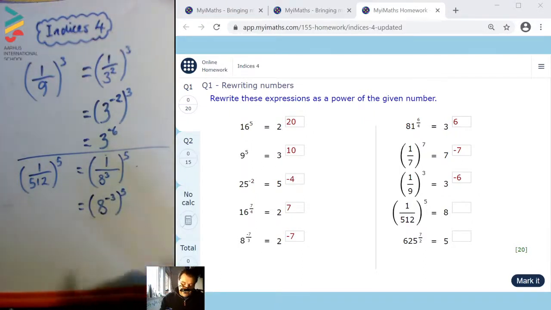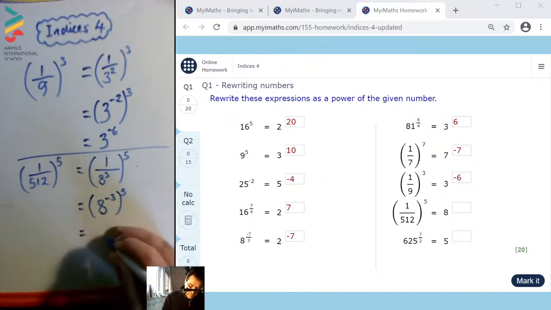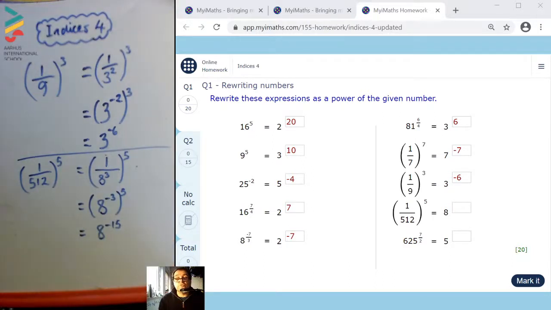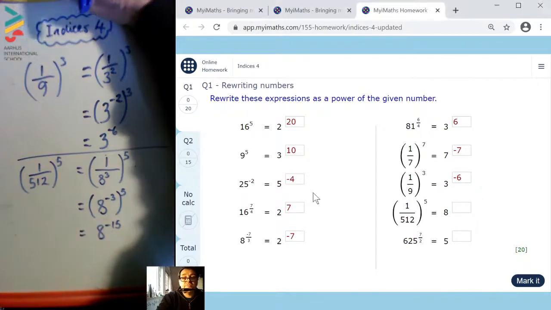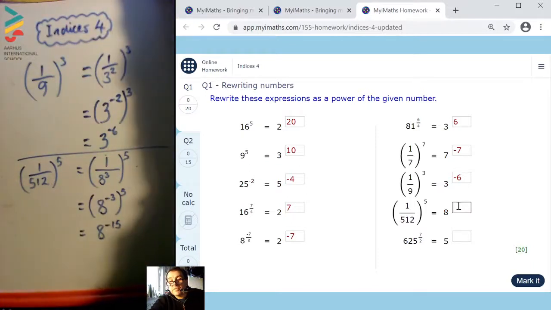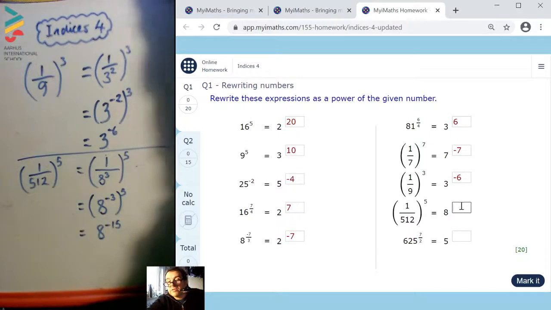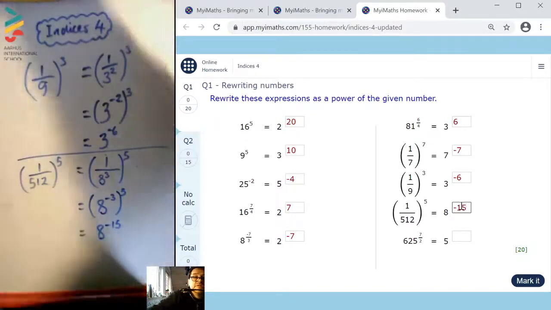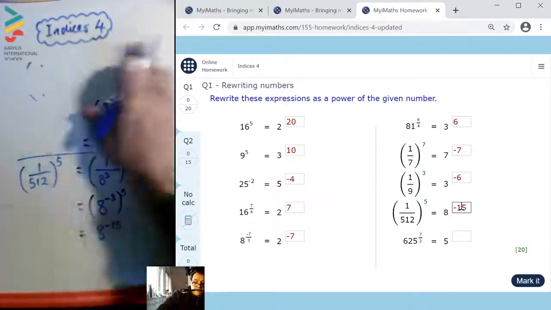So the whole thing's equal to 8 to the power of minus 3 to the power of 5, which is just 8 to the power of minus 15, because the rule is multiply the powers. So I'll just put minus 15 in the box.